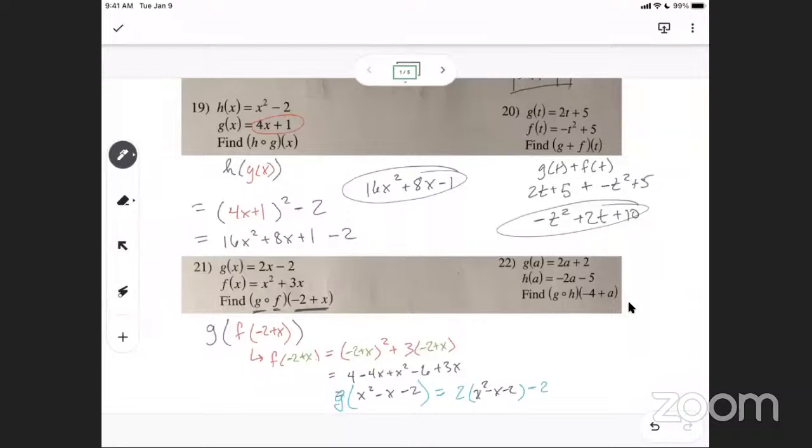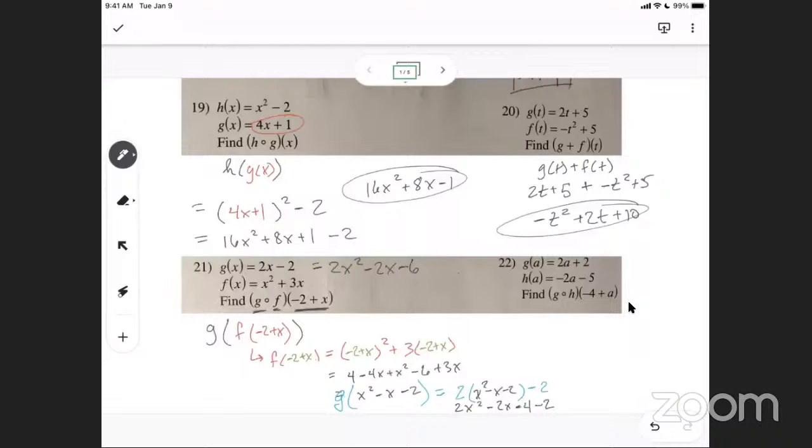So now distribute that out. I'm running out of room. 2x squared minus 2x minus 4 minus 2. Simplifying that, it's 2x squared minus 2x minus 6. Unless I made a silly mistake somewhere, but I think that's right.